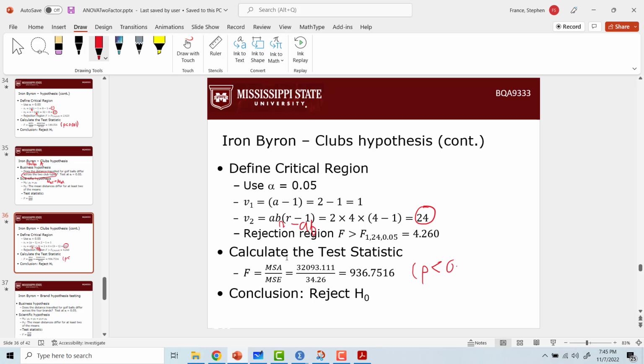P is less than 0.01 in all of these cases, so it's very low. It's going to be less than the alpha as well. So that's another way of rejecting it. Massive F. F is greater than 4.26, so reject H0. I guess there were so many tests here I got a bit lazy and didn't write the actual final thing.